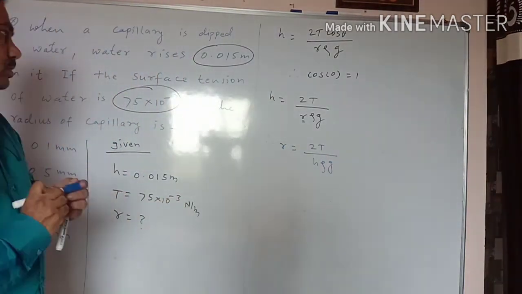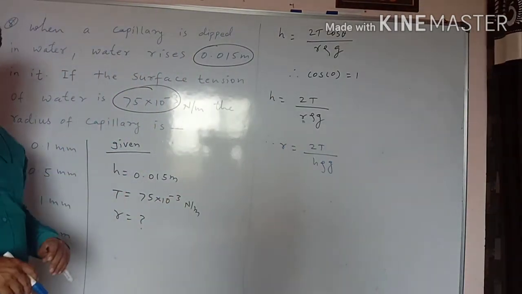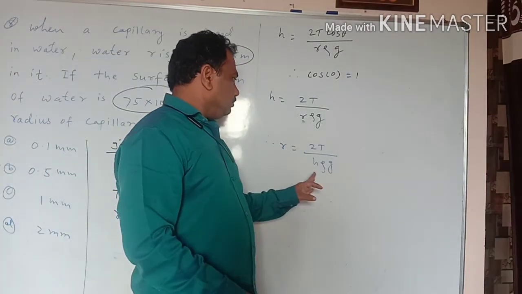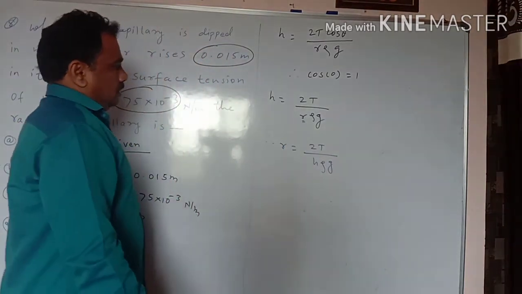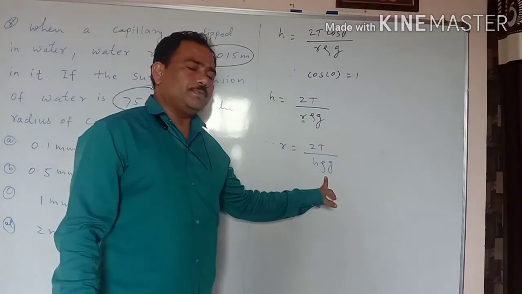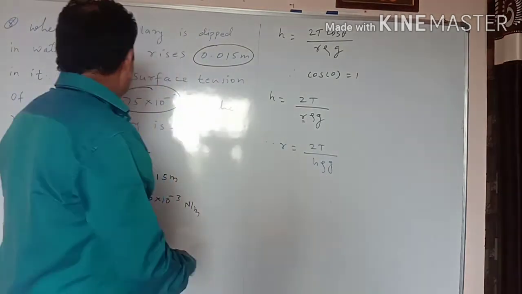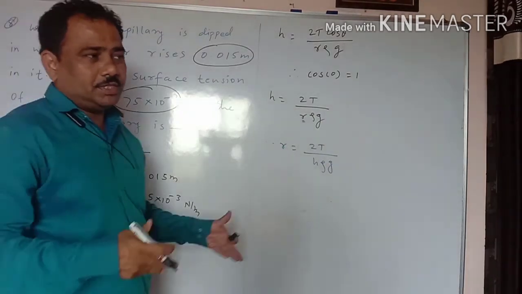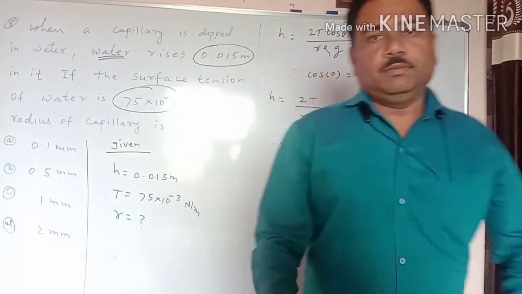Okay, so substitute all the values which are given to us. Now see here, rho stands for what? Density, and here density of water. We should know the density of water because it is not given in this problem.